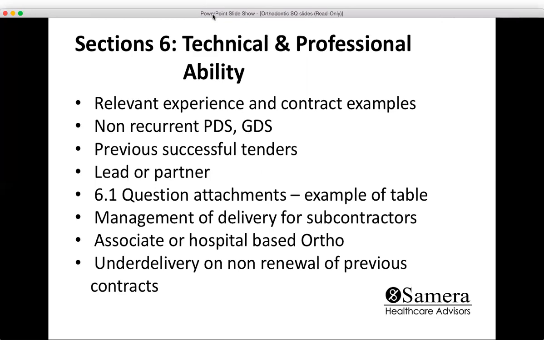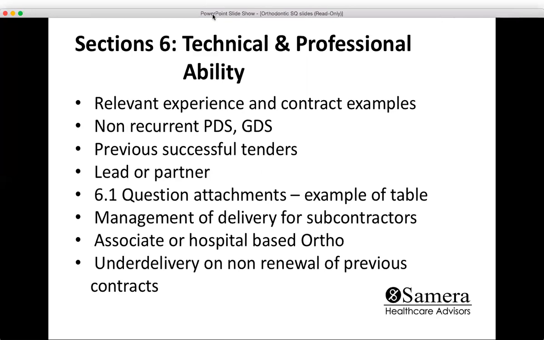So, lead or partner, what does that mean? If you're the lead practitioner... This relates to the subcontractors and leads.